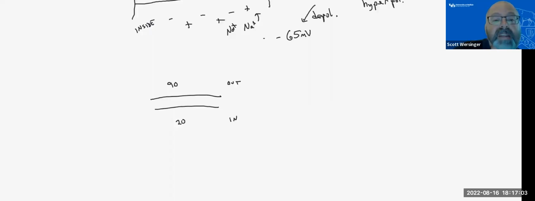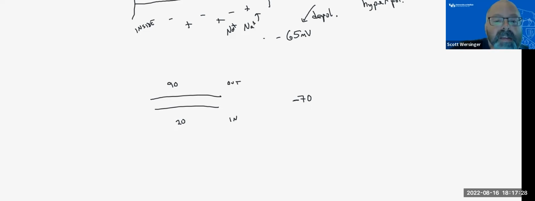Here we have lots of positive points, here we have fewer positive points. What's the difference? Here the difference is 70. The inside did worse, the inside did not study very much. So the inside is minus 70 compared to the outside.